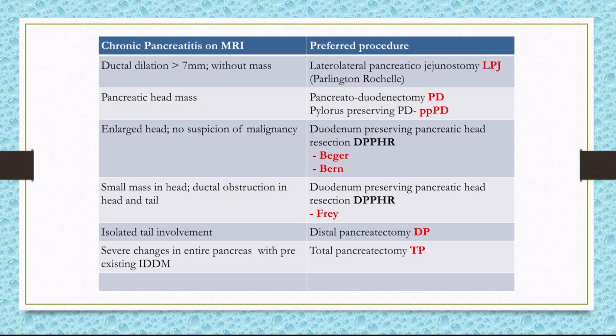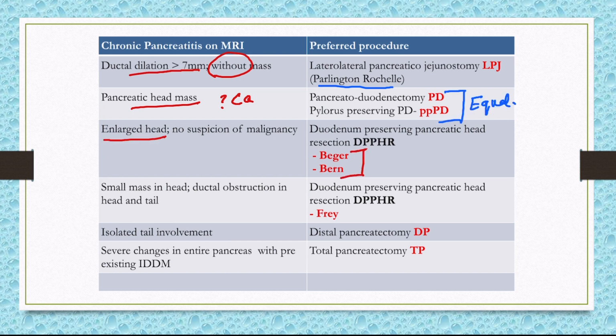Let us revise. Ductal dilatation more than 7 mm, without mass: lateral pancreaticojejunostomy, LPJ, is done. Pancreatic head mass: pancreatoduodenectomy, which can be pylorus preserving. Enlarged head, no suspicion of malignancy: duodenum preserving pancreatic head resection, Beger.